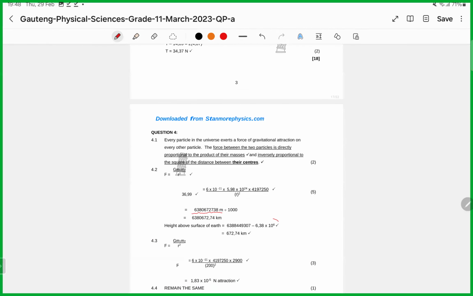We did everything else correctly. We subtracted the radius of the Earth. But you gave me a slightly different answer there. So they use 6 times 10 to the minus 11, not 6.67. It won't make such a huge difference. So maybe the memo is wrong. But here's the problem.